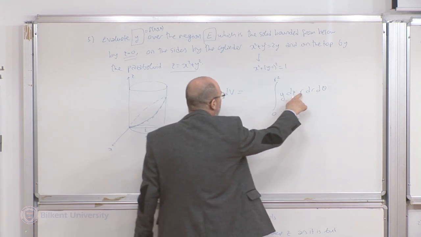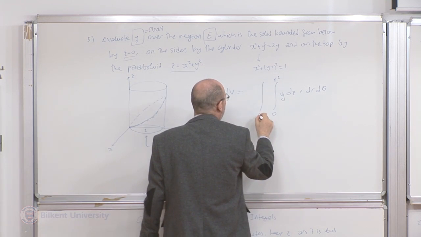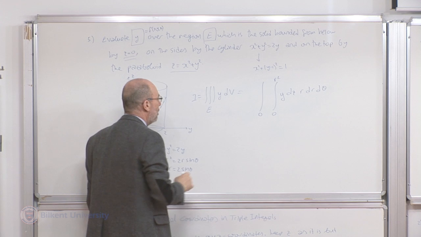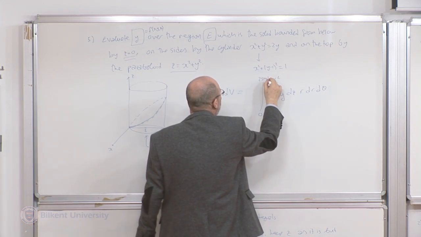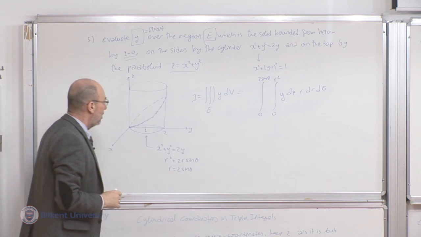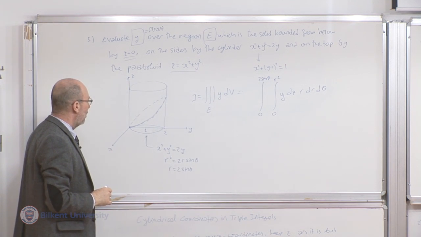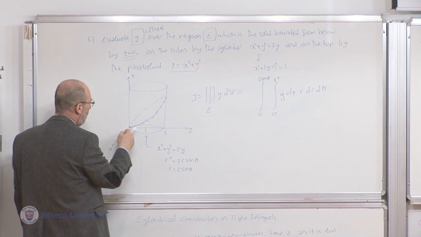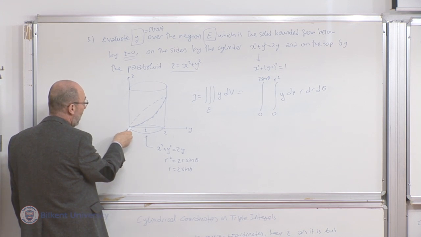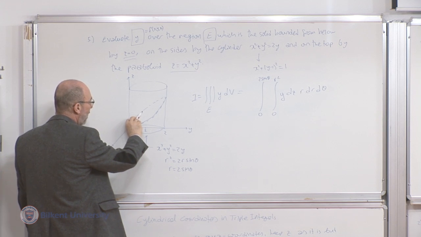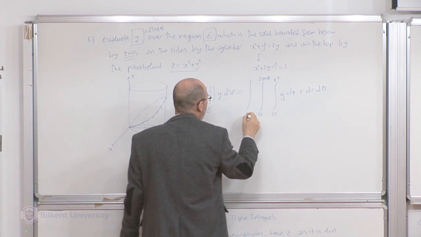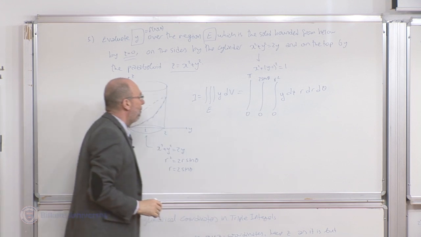So a typical ray starts already inside the region, and it leaves the region when r is equal to 2 sine theta. This description is valid when theta is between 0 and pi. This is 0, this is pi over 2, and here it is pi.